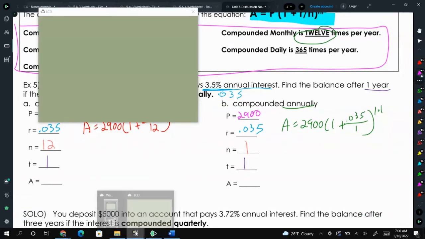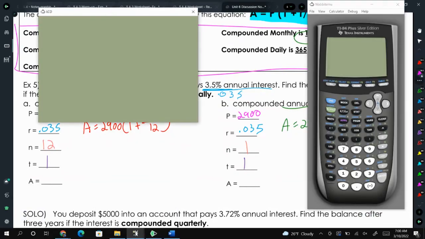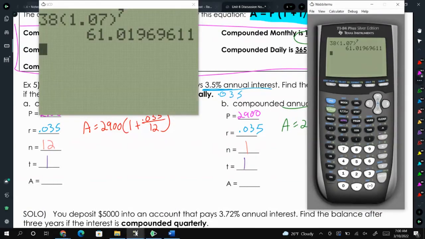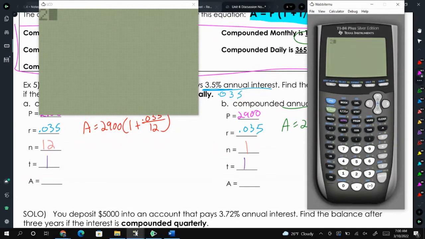If we use parentheses, we can type it in exactly as I wrote it. So 2,900 times 1 plus 0.035 divided by 12, close the parentheses, raised to the 12 times 1 power.